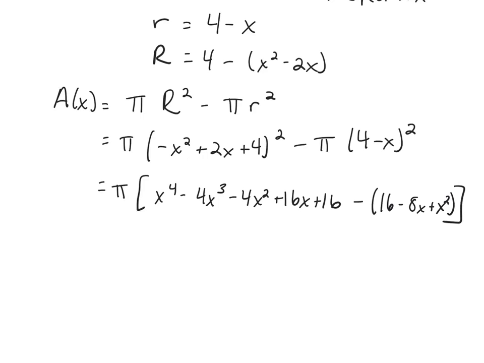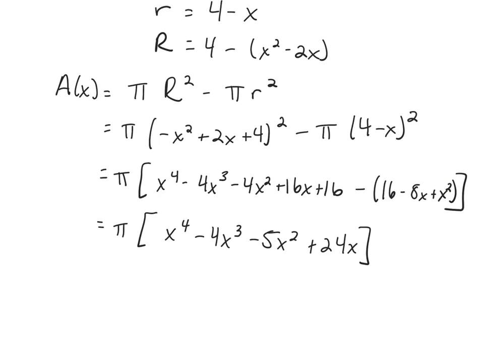So group up your like terms so you don't have to integrate as much. So it looks like x to the fourth minus 4x cubed minus 5x squared plus 24x. All right, that doesn't look so bad. So I'm ready to set up my integral now.